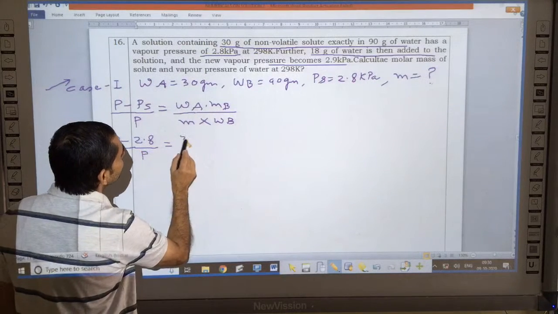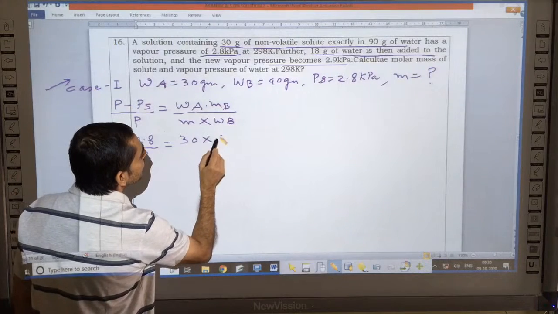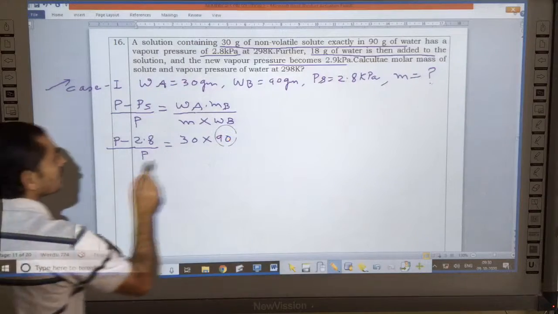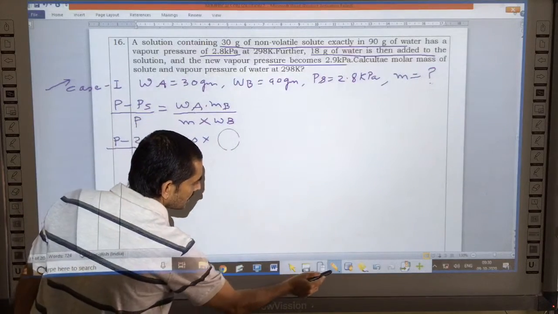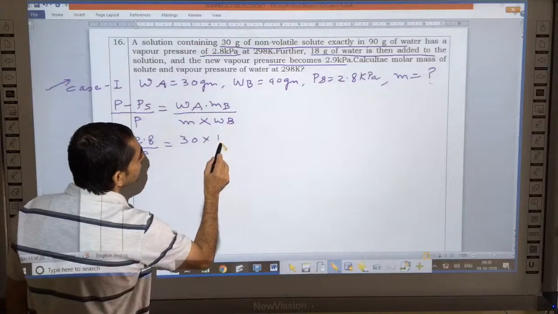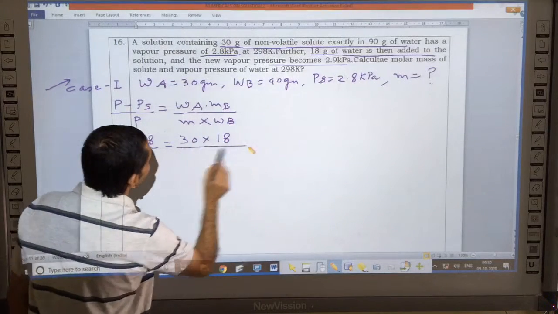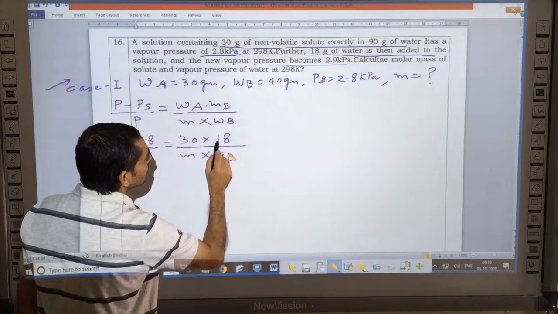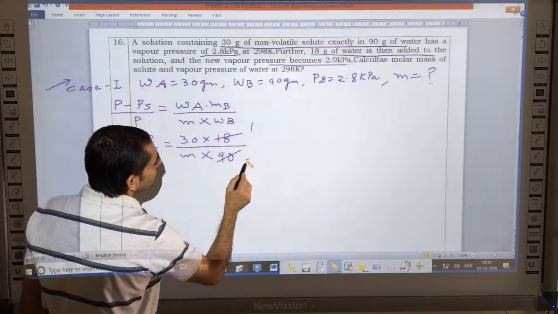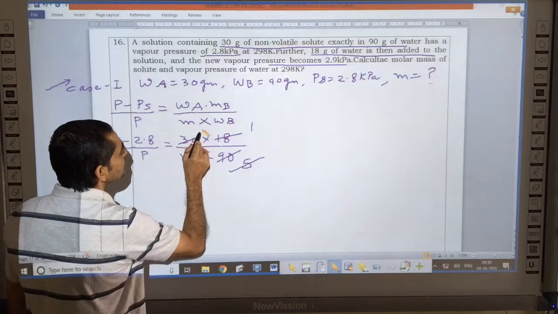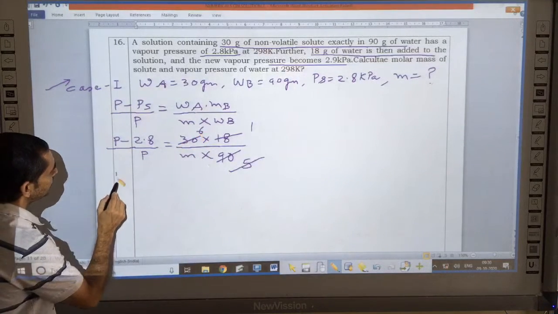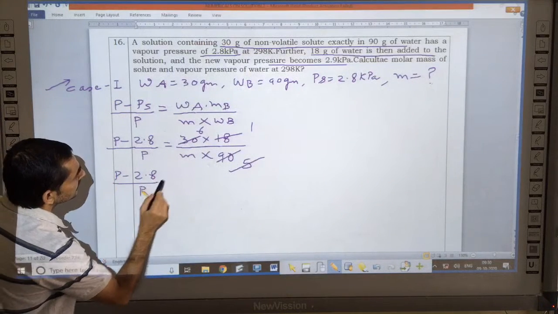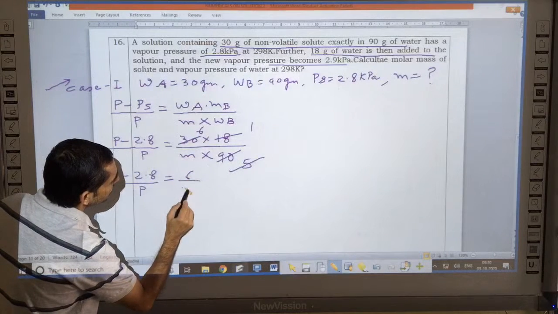WA is 30, WB is 90. This is molar mass of water, 18, upon WB is given, 90. 18 1 ja, 18 5 ja, 5 1 ja, 5 6 ja. Or this comes to be P minus 2.8 upon P is equal to 6 upon M.